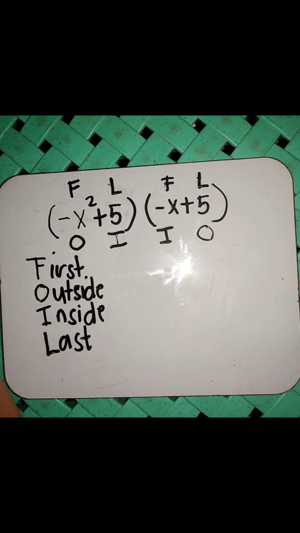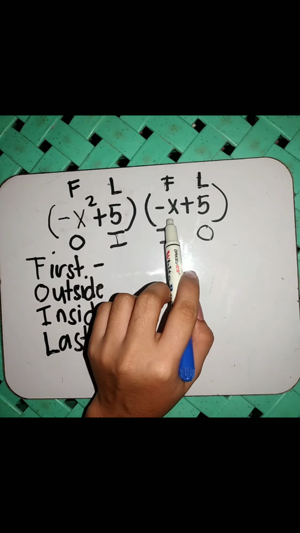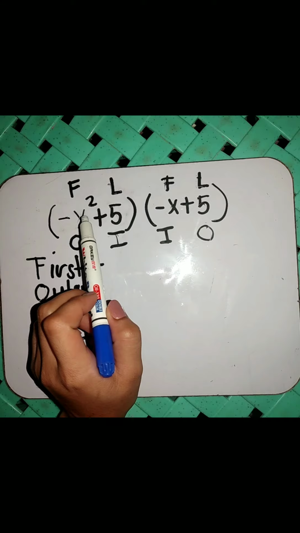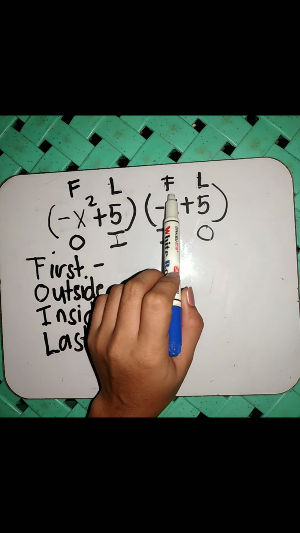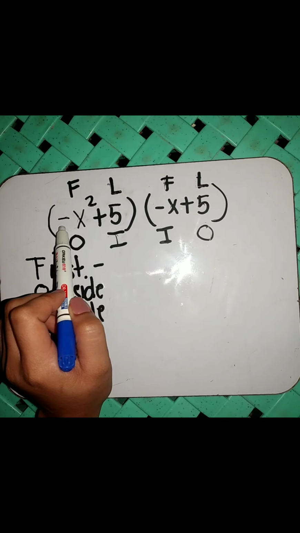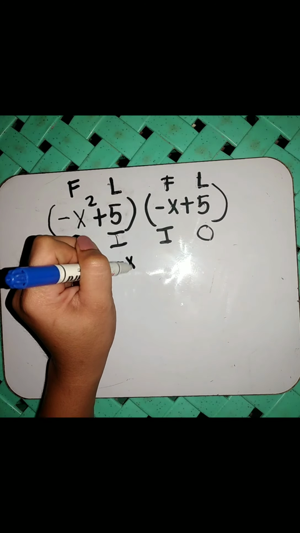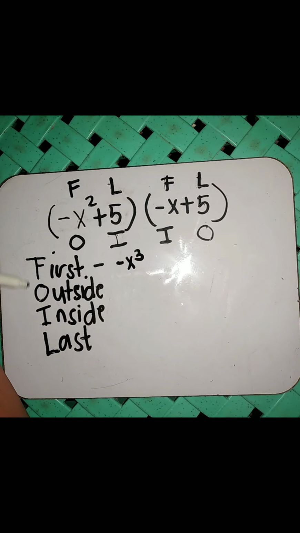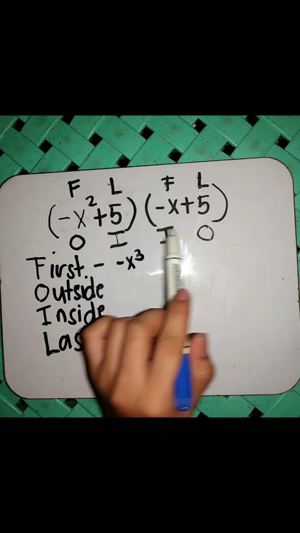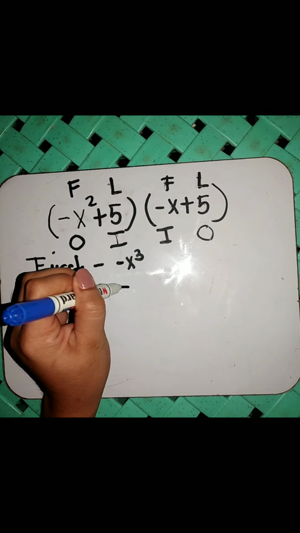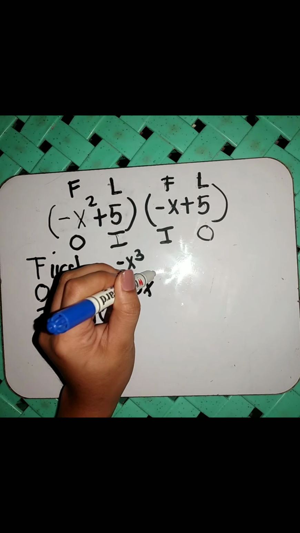First, we multiply the first terms. Negative x squared and negative x: when you multiply, you add the exponents, understanding there is an exponent of one here. So negative x squared times negative x is negative x cubed. Outside, negative x squared times 5 equals negative 5x squared.